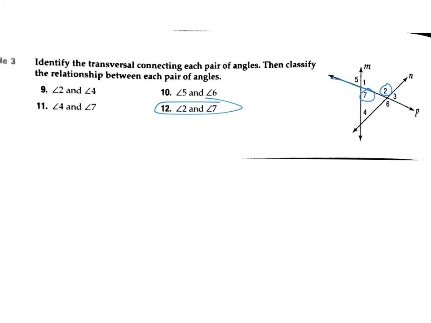So the line that touches both of those is P. So that's my transversal. Okay, 2 is on the inside of N and M. 7 is on the inside, but they're on opposite sides. So those would be alternate interior. So again, a lot of vocabulary here that you've got to know. And then we're going to apply this to relationships with parallel lines in Lesson 3-2.